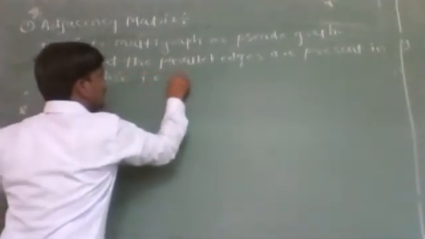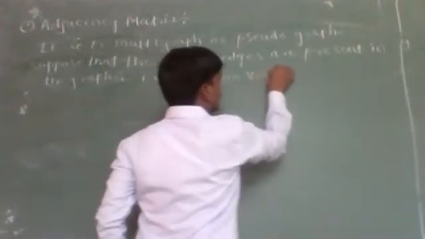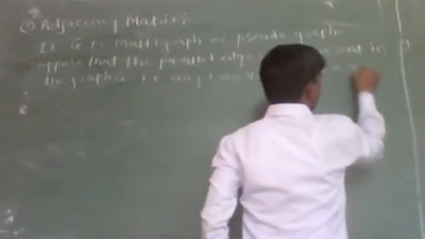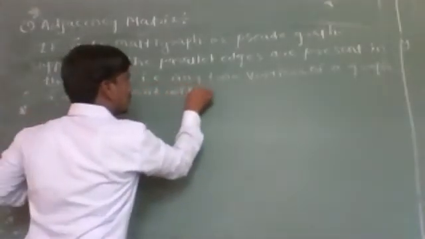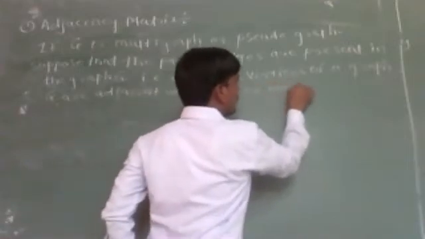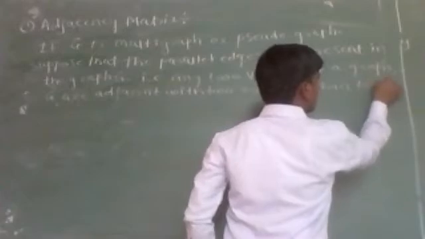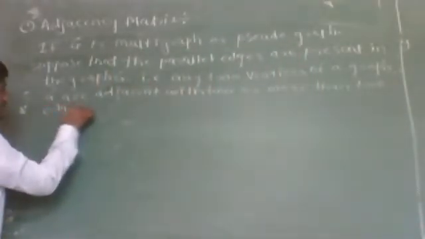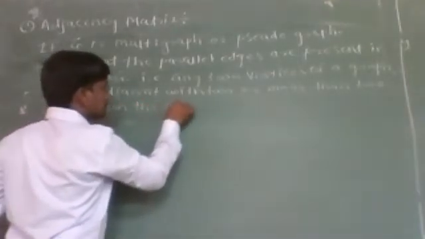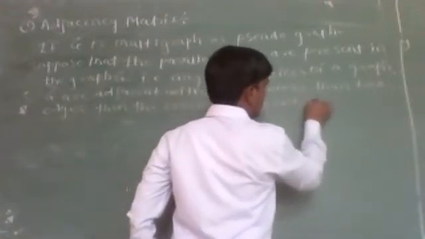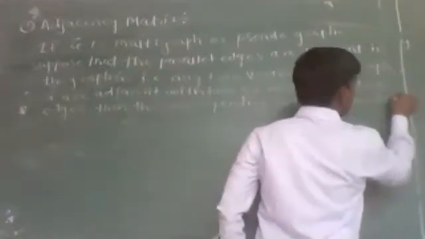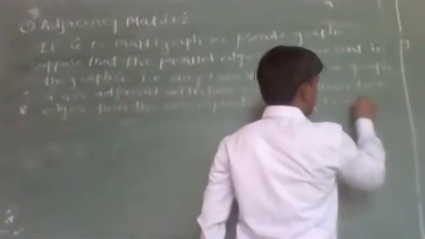That is, any two vertices of a graph G are adjacent with two or more than two edges, then the corresponding entry is equal to the number of parallel edges.